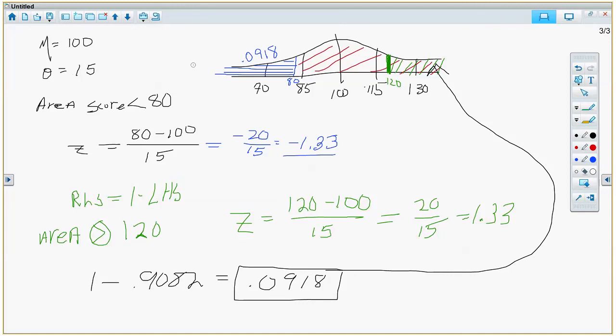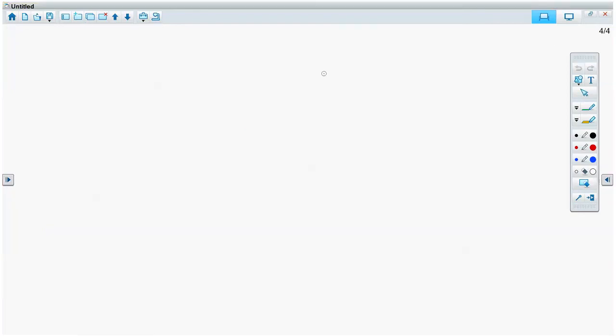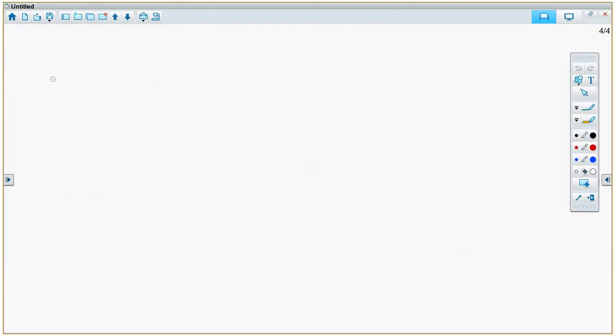Now, what if I give you the same number up here, and I want you to find an area between? I want you to draw a picture. Mean is equal to 100, and the standard deviation is equal to 15. And I want you to find the area between 70 and 100.